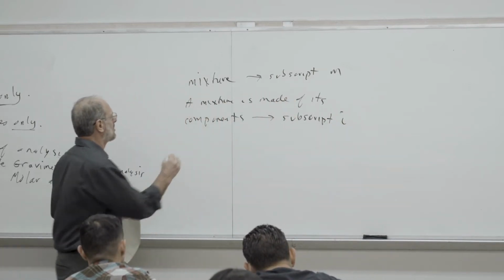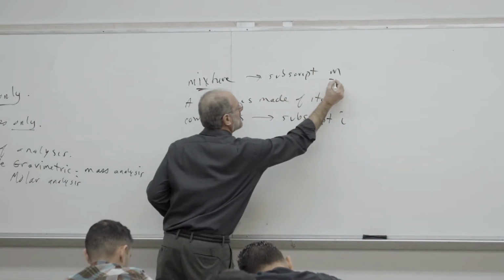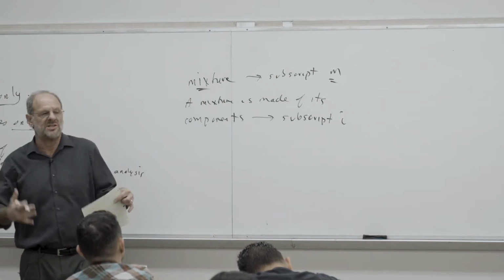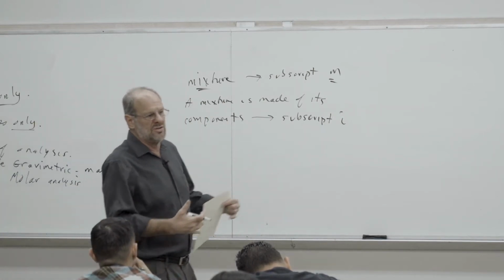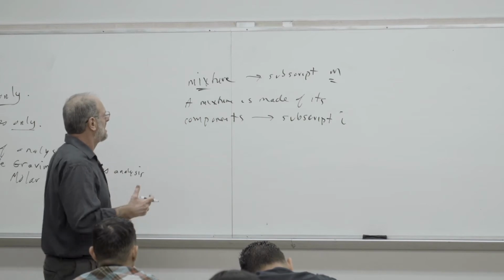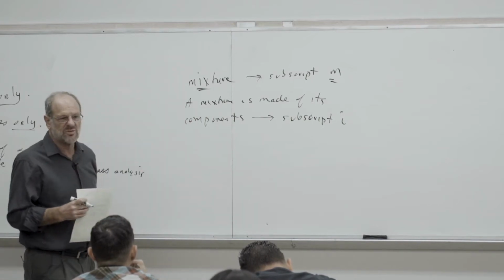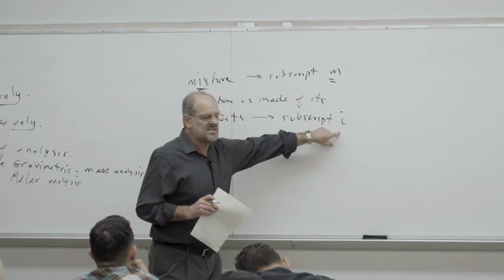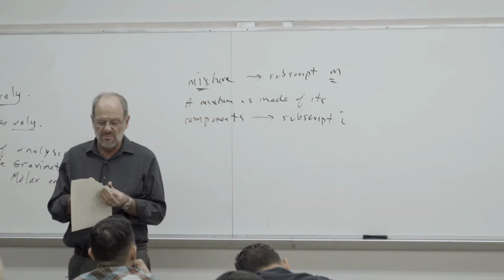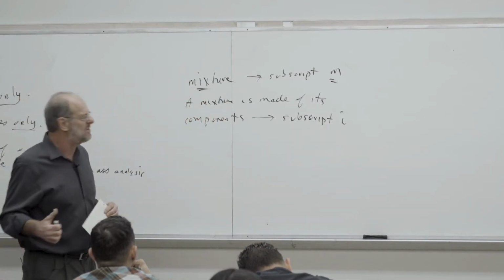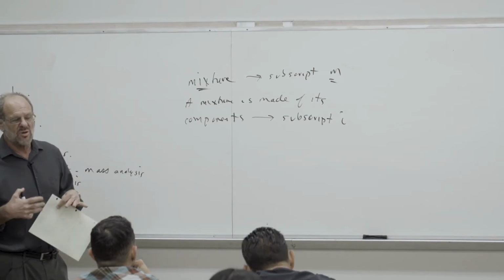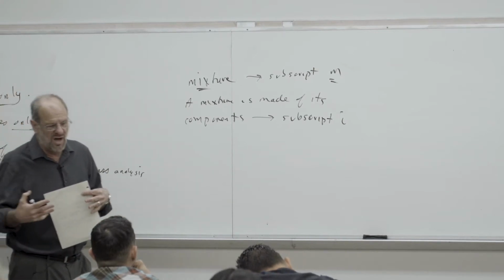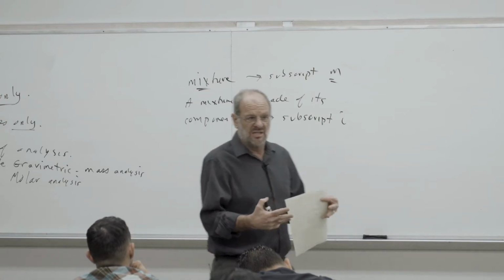Okay, so the mixture itself, whatever we're dealing with, whether it's its mass, its number of moles, its internal energy, it doesn't matter. If we're talking about a mixture, we'll use a subscript M. And if we're talking about a particular component, we'll just use the subscript I. Now keep in mind that for some mixtures, as we start looking at real problems, we're not going to use the subscript I. We'll just use a subscript that corresponds to the chemical species that we're analyzing.